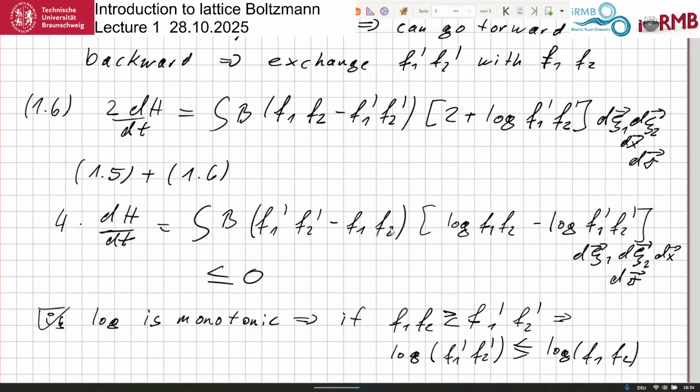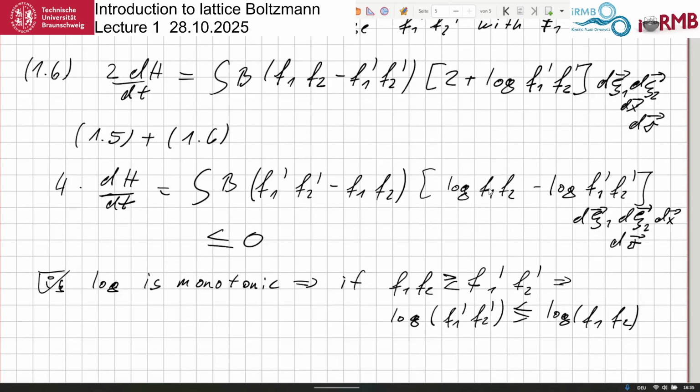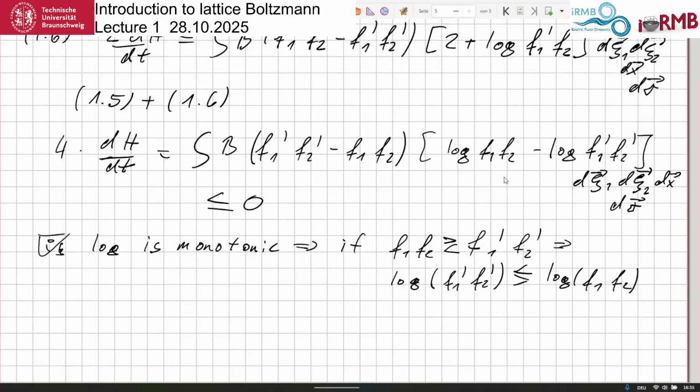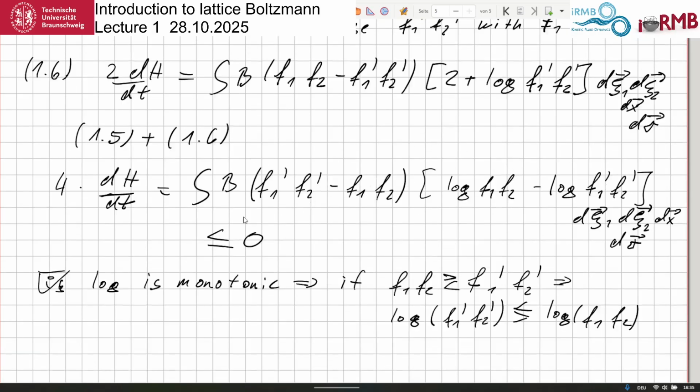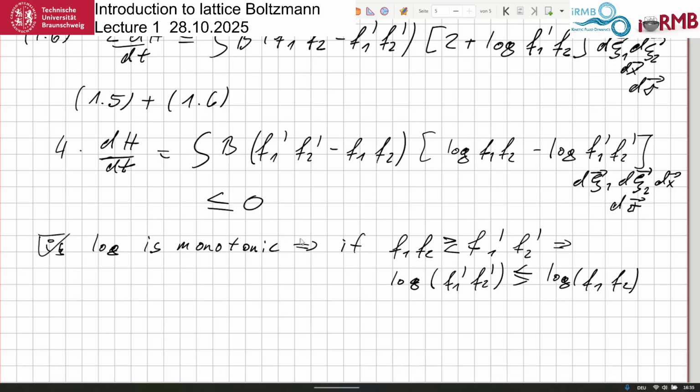And if it's the other way around, then this is negative and this is positive. So no matter how, it is always negative. So now you see by just this algebra we have proven that dη/dt is smaller or equal to 0.